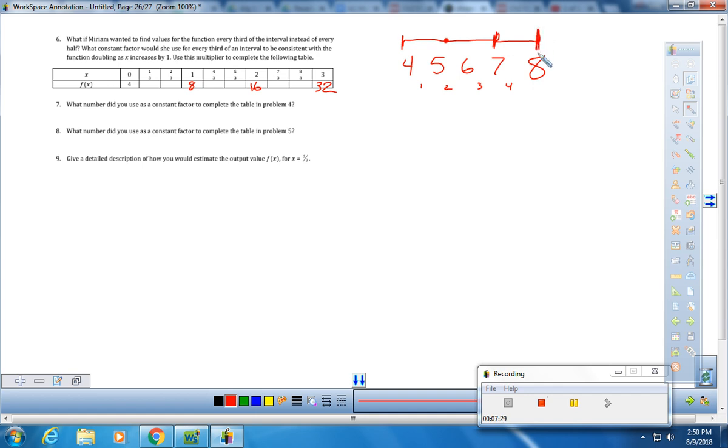So we're going to call it like 5.1 and then 6.7. These are just guesses. So then if we went from 8 to 16, we got 9, 10, 11, 12, 13, 14, 15, 16.